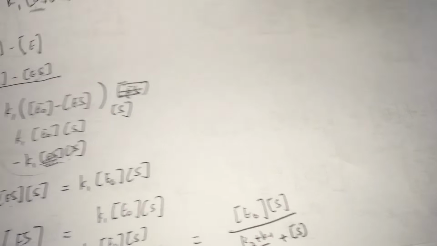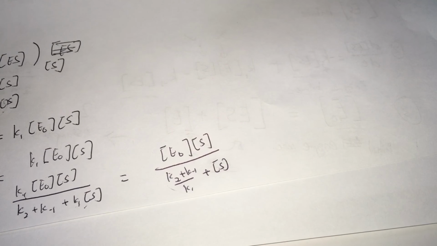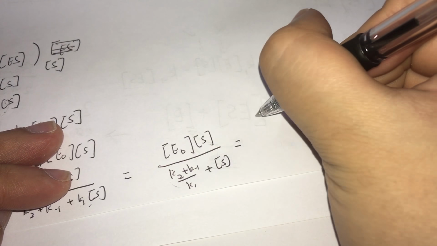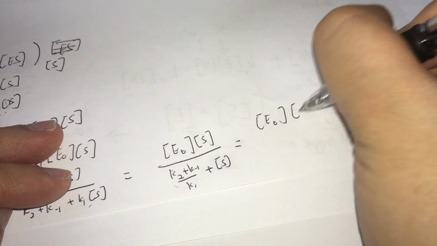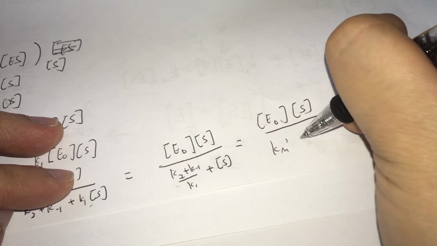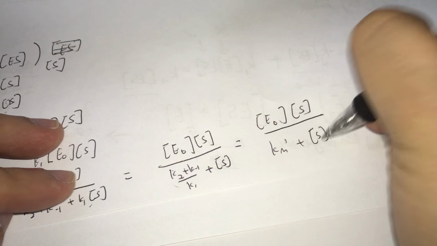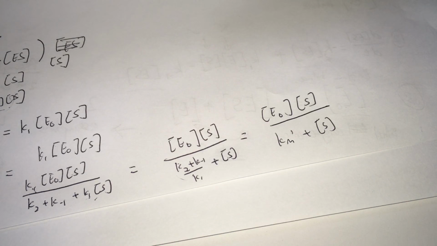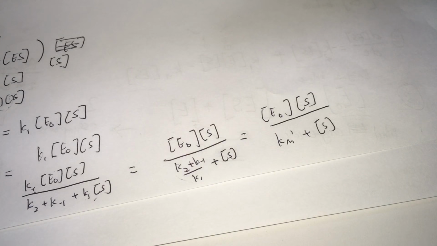And for this case, we have this lumped constant over here, which, similarly to our earlier case, you can lump into some kind of constant. You just call it again Km prime. It's for your convenience if you want to do this. If you don't want to repeatedly write these three constants in one fraction, it can get a little tiring. So you'll just leave it as that, for simplicity's sake.